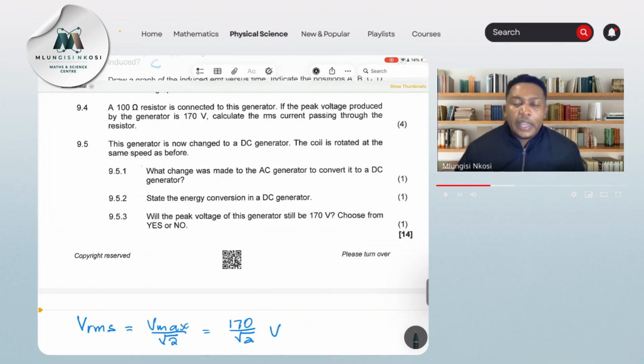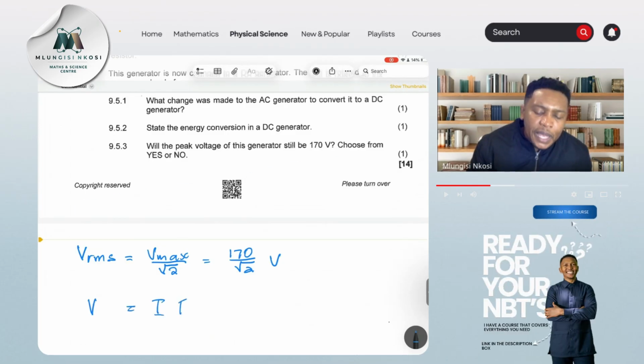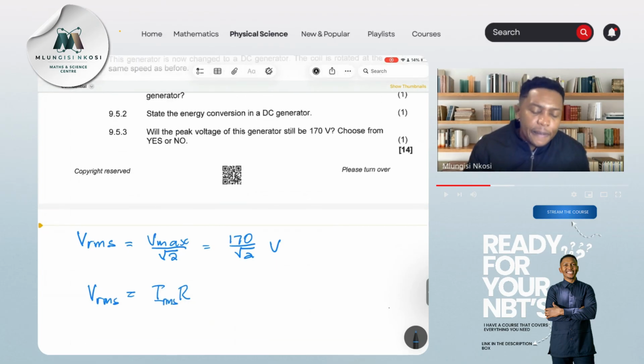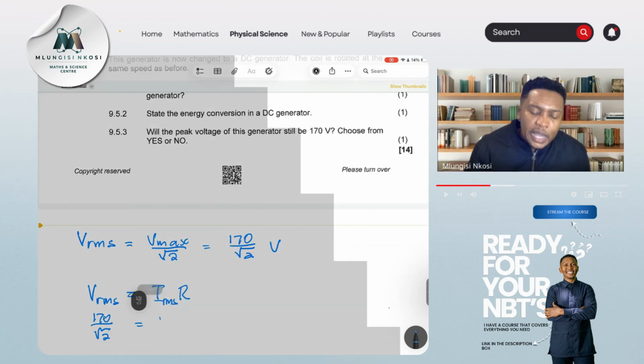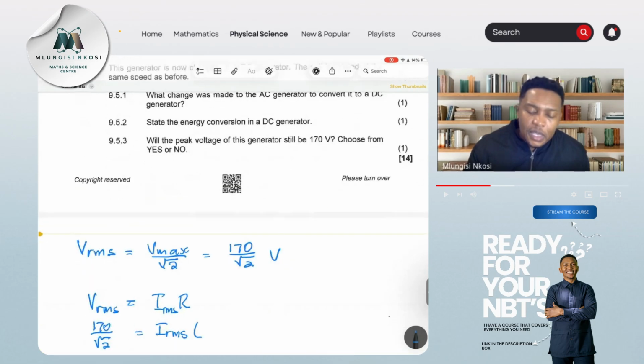All right, now we want to calculate the RMS current. So we know that V is equal to I multiplied by R. But remember, if I'm using RMS, I have to use RMS there, right? So this is going to be 170 over root 2. My IRMS is what I'm looking for. My R, the resistance, is 100.